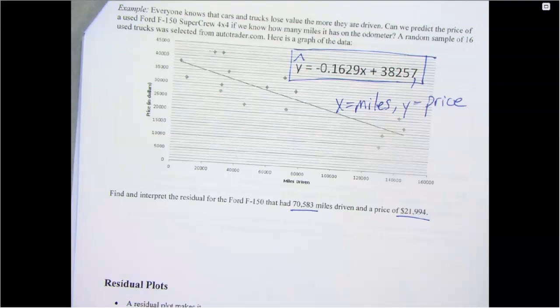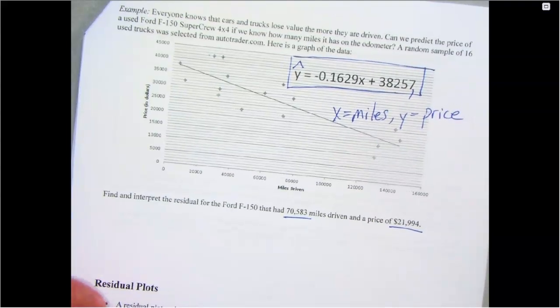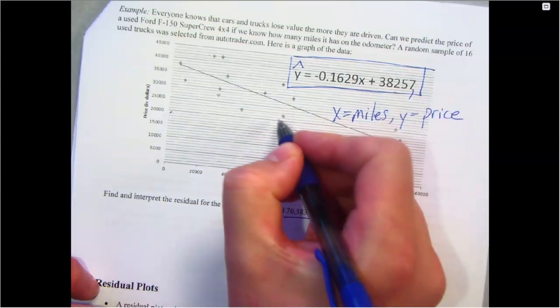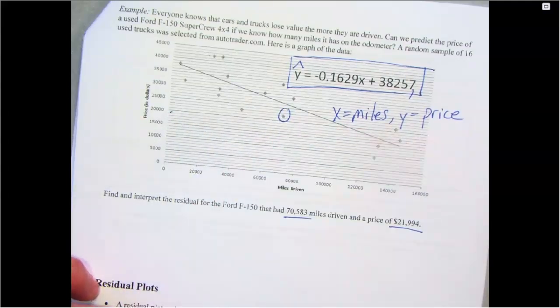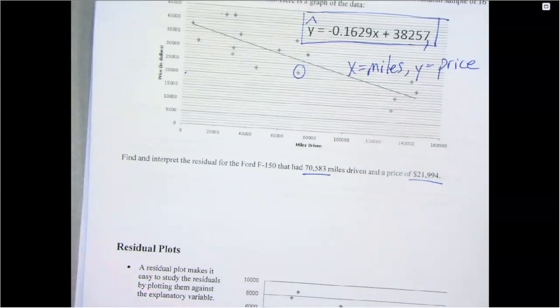First of all, let's find that point and circle it. Looks like it's that one right there. So should our answer be positive or negative? Should be negative. If you forget the equation, sometimes you can just look at it and know it's supposed to be negative, so if I do the order wrong and get 4, I'm just going to make it negative 4. I just screwed up the order.